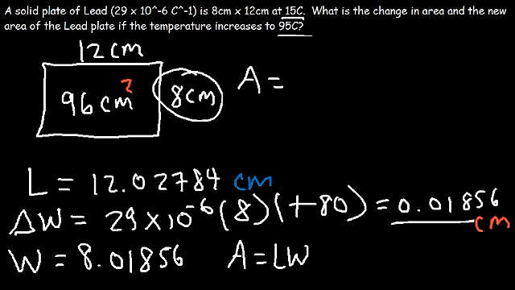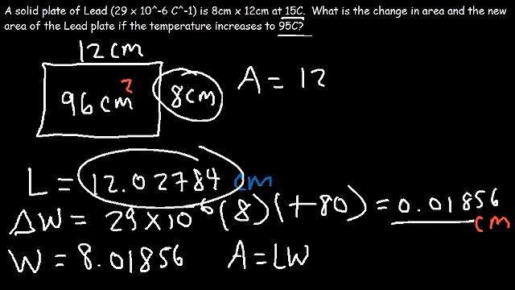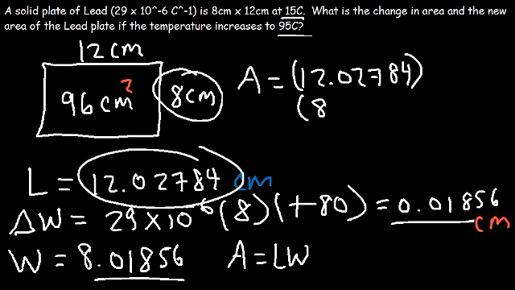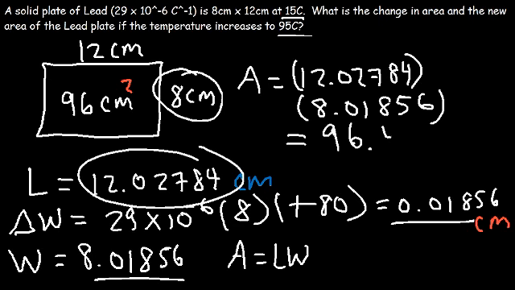So it's going to be the new length, which is 12.02784 times the new width, which is 8.01856. It's not going to change much, but it does increase a little. So the new area is now 96.446, if we round it, square meters.